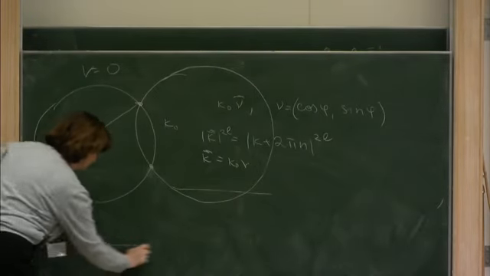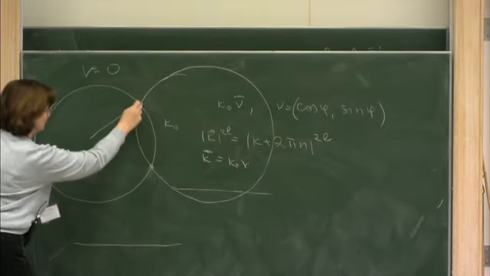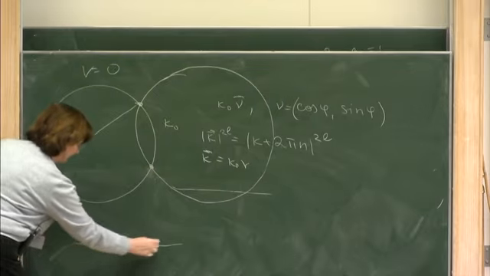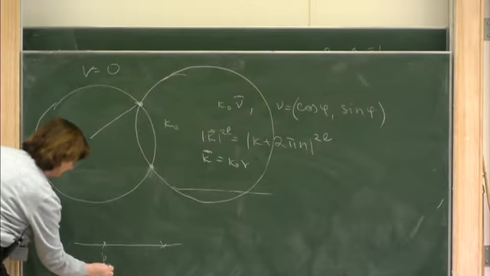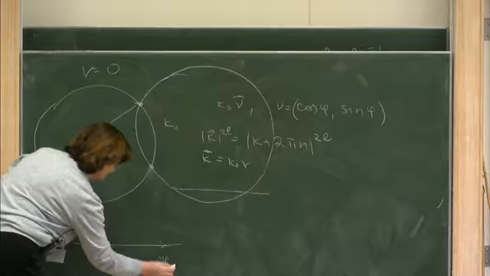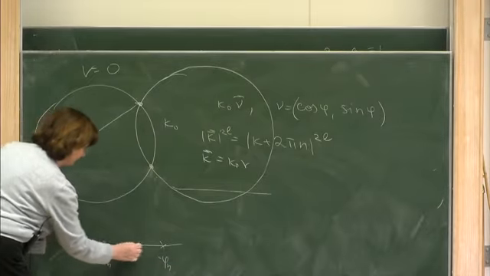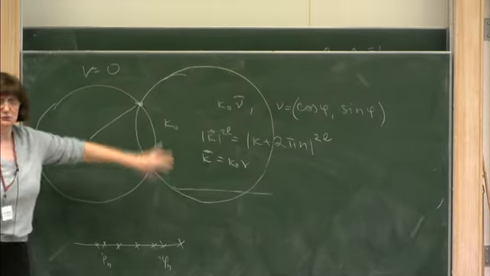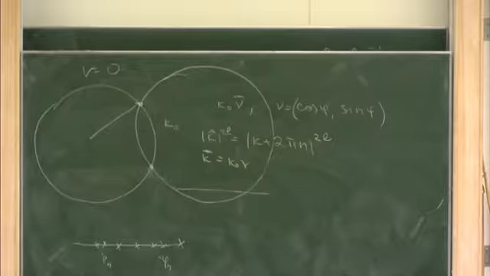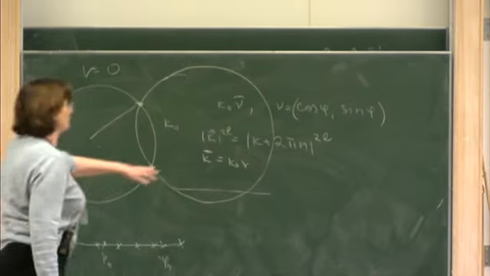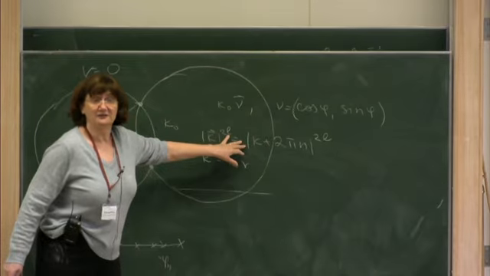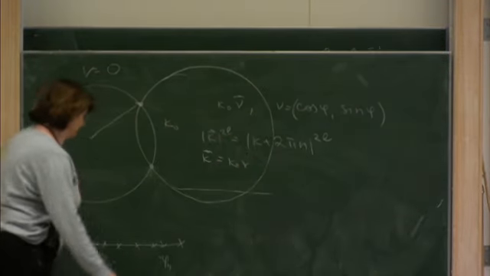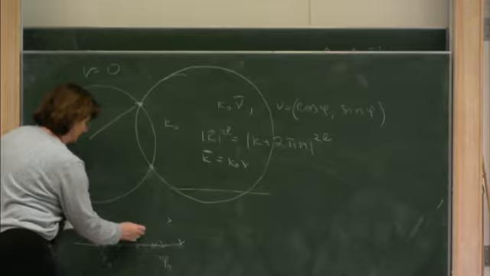In fact, there are two such phis, phi n and minus phi n, and if we change n, we get a lot of phis. But this is when these two circles can intersect. What if n is such that they don't intersect? We are still trying to solve this equation, and we will get a solution, but it will not be a real one.